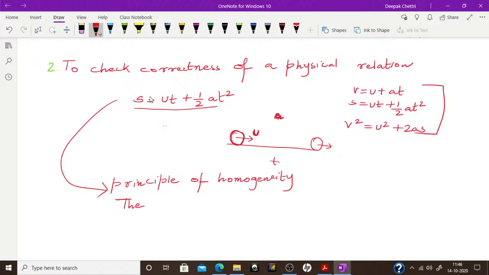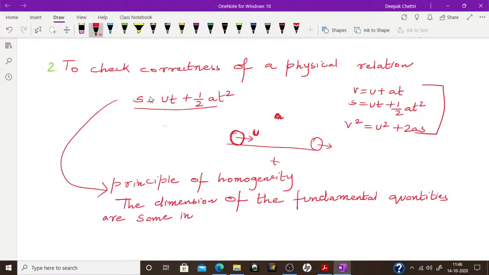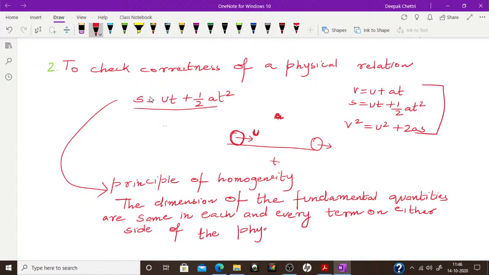It says that the dimensions of the fundamental quantities are same in each and every term on either side of the physical relation.